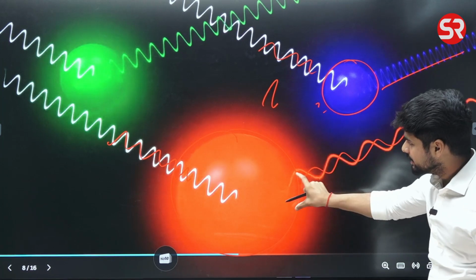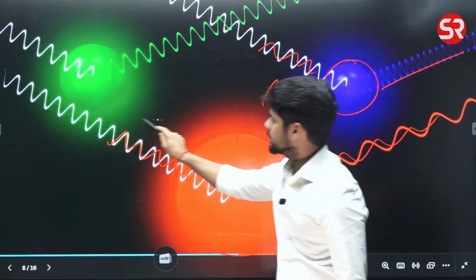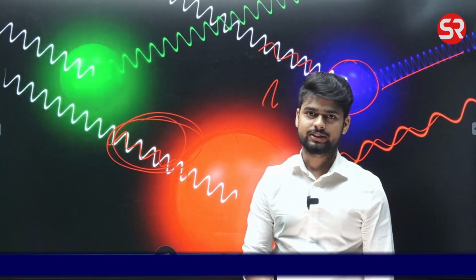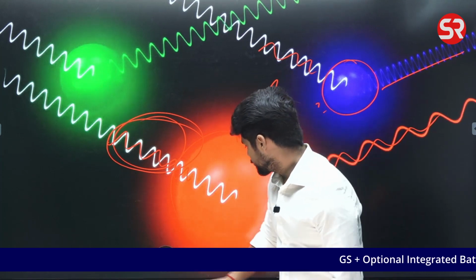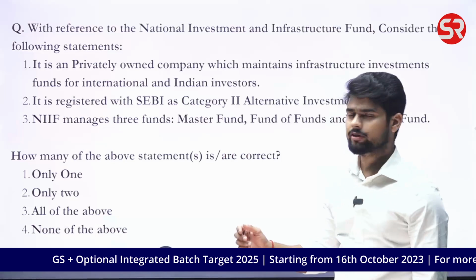So by varying the size of quantum dots, you can manipulate, you can moderate this particular wave's frequency as well. So this is just for an idea of how we can use it in a variety of places.